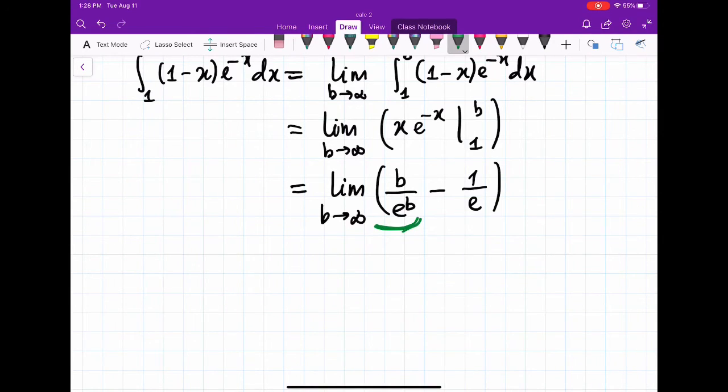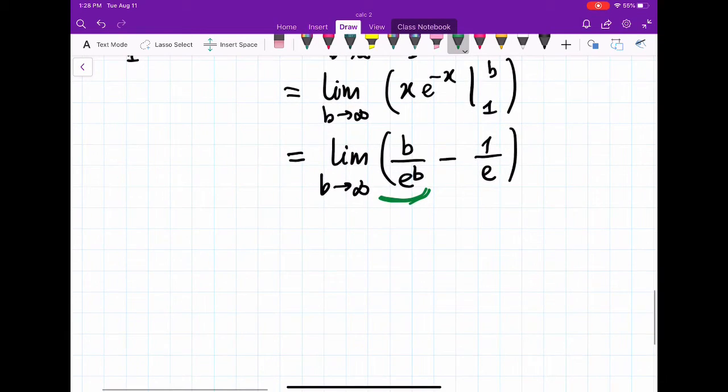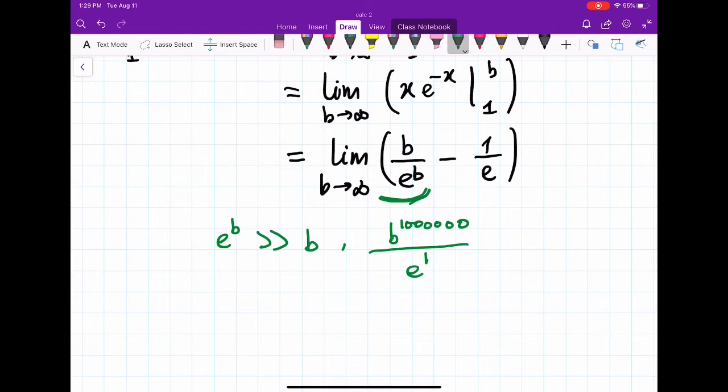But again, when we study limits and L'Hopital's rule, as we just recently learned in the previous video, we know the exponential function is very big compared with a polynomial. So whatever you have in here, even 1,000 or 1 billion, you divide by e to the b, that will approach 0 as b approaches infinity. So the limit of this guy at infinity is just 0.